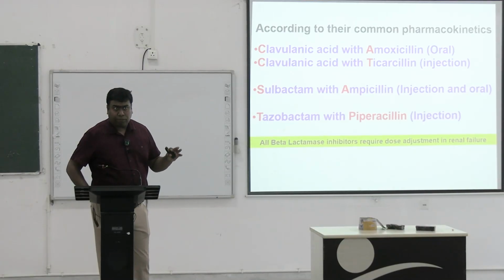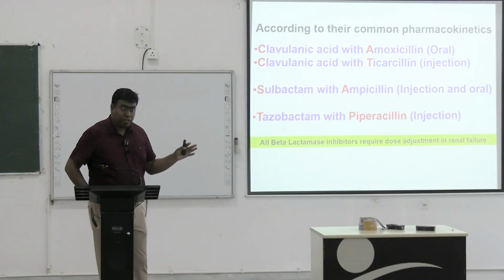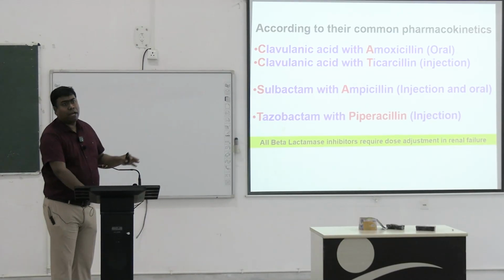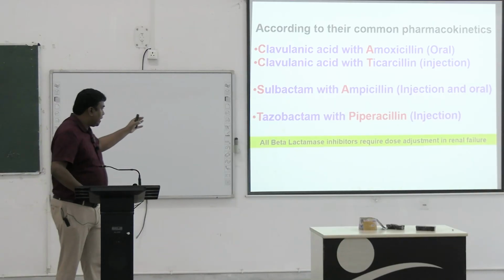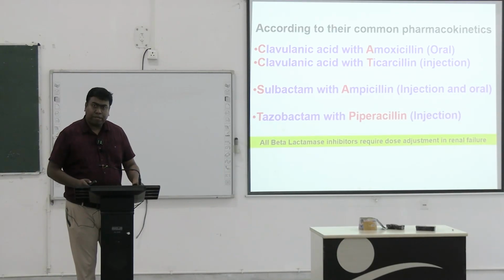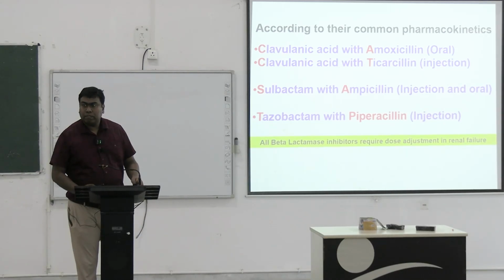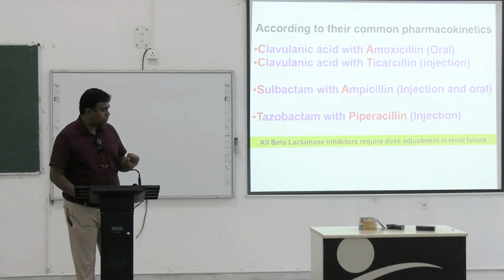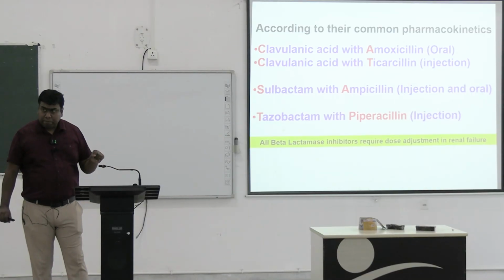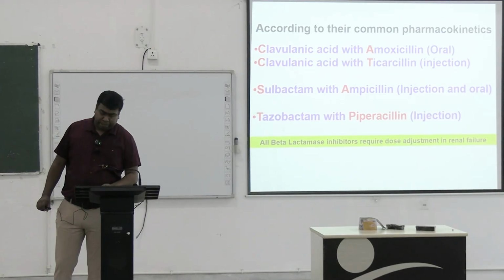The cause is the same, the pharmacokinetics are the same for these two drugs. Clavulanic acid with Amoxicillin, Sulbactam with Ampicillin, and Tazobactam with Piperacillin. Piperacillin is which group of drug? Extended spectrum anti-pseudomonal penicillin. Similarly, Ticarcillin is an extended spectrum anti-pseudomonal penicillin.